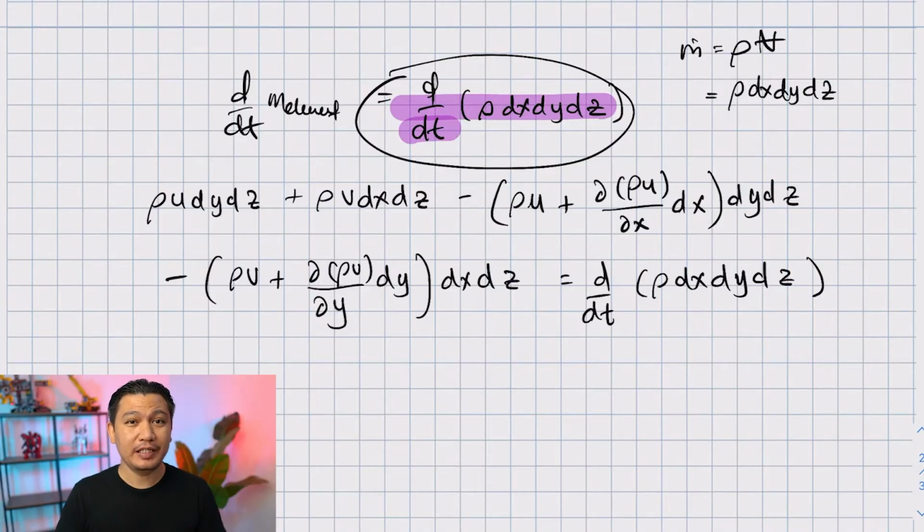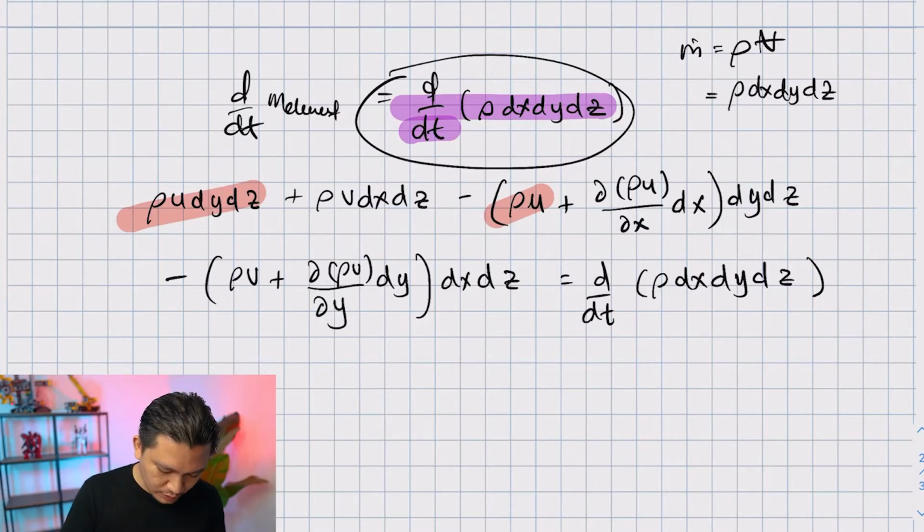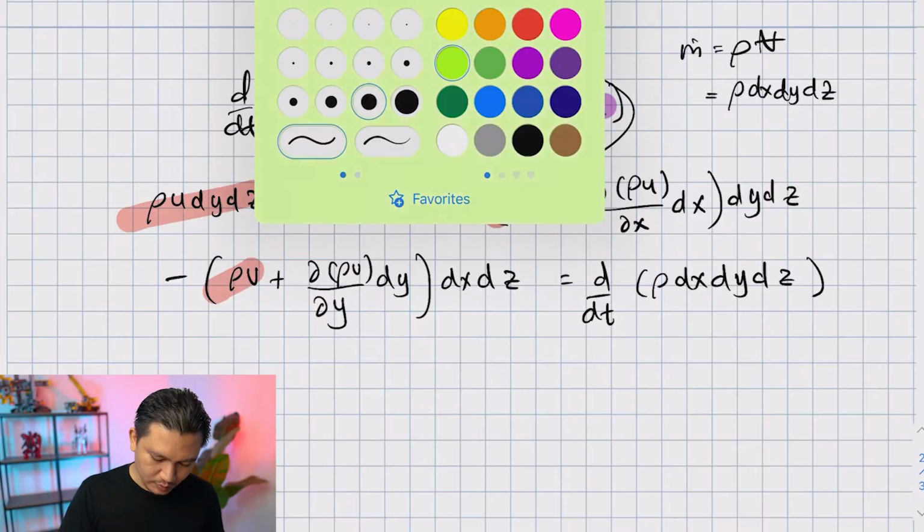Now I think immediately we can see a few terms that we can cancel out. Okay, let me show you. So basically this term rho u dy dz will cancel out with this one, because when you take this out of the bracket, then it will be rho u dy dz also, which means that you can also remove this term because it will cancel out with this one. So in the end, you are left with these terms.